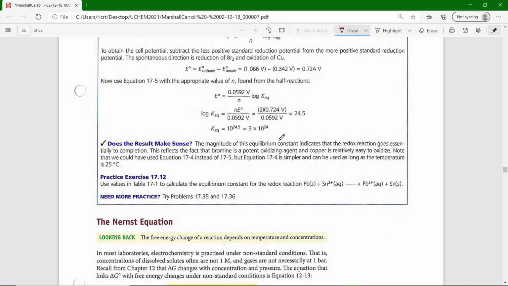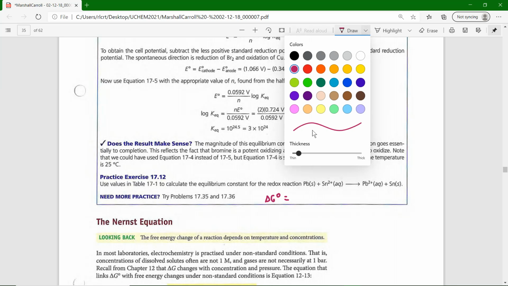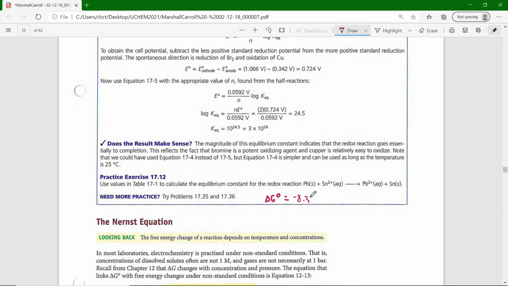You could get delta G naught now that you know your value of K. Well, it would be a positive value, right? KEQ is 0.43, so delta G naught is minus R T ln K, minus 8.314 times 298 times the natural log of 0.43, which is going to be a positive value.